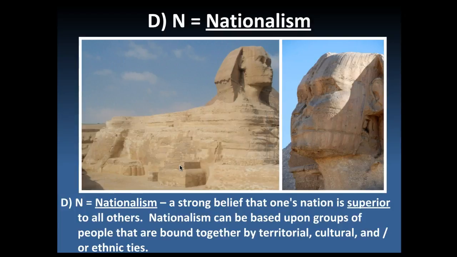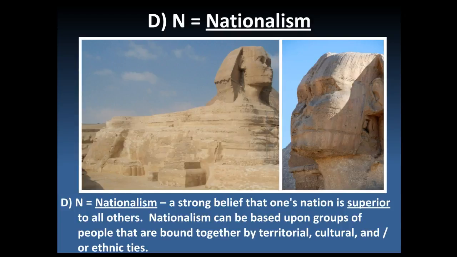Nationalism can be used to bring countries together, but when it's used as an outward force, it can be a little scary. A great example here is this Sphinx. You might recognize this from Egypt. You notice here it's missing the nose. And that nose is missing, according to a pretty popular story, because in the 1800s when Napoleon led a group of French troops down into Egypt to fight the British, they used these sphinxes as target practice.